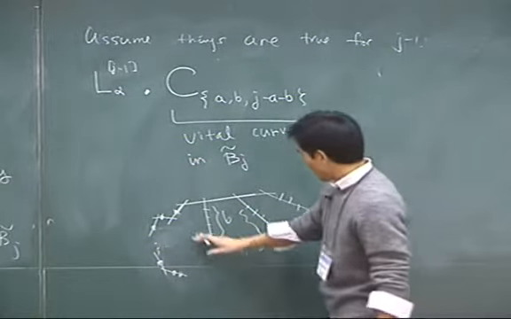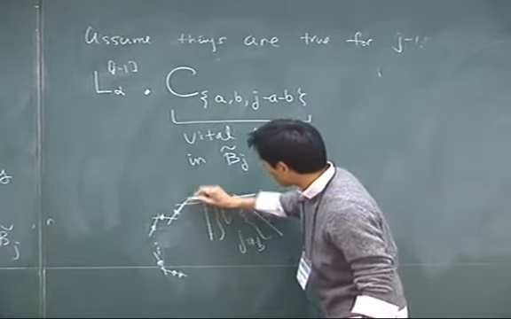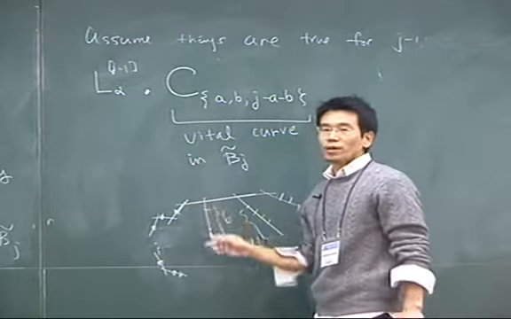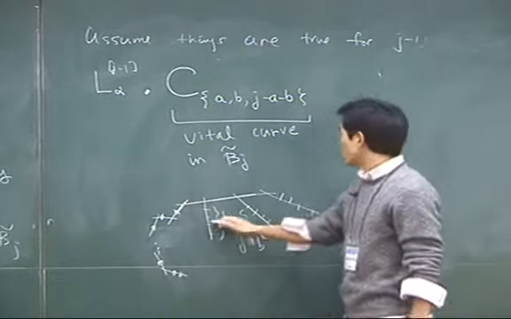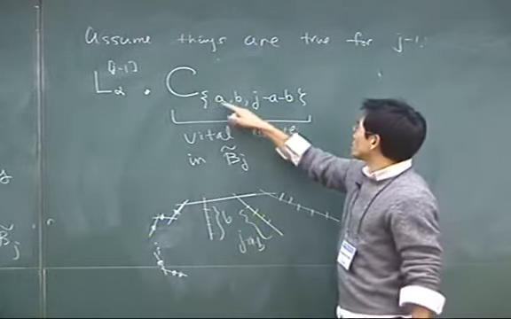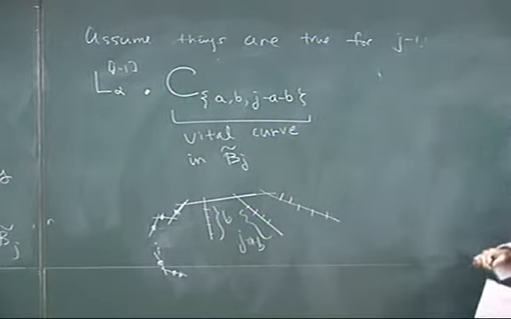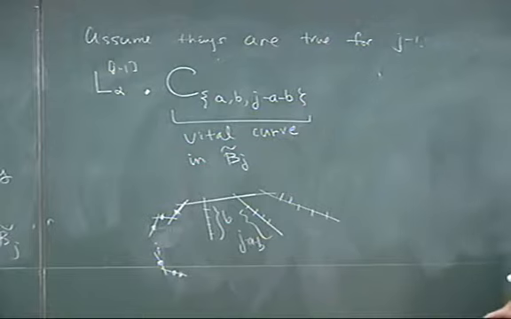Then you move one of these attaching points, then you get a curve, and that's the vital curve associated to C, A, B, J minus A minus B. That's just the device to make sure you have a one-dimensional locus. Yeah, right, exactly.